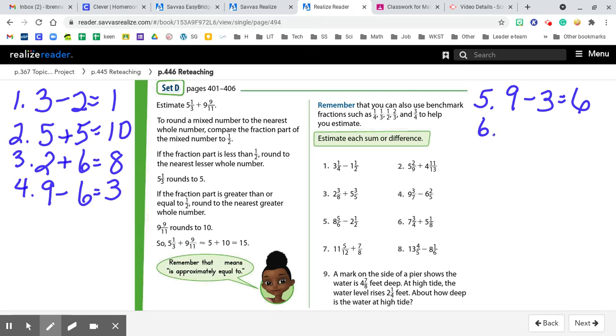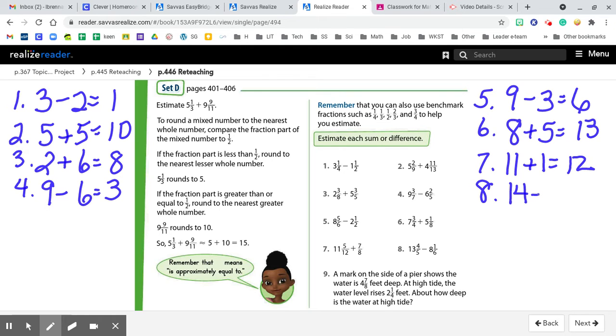For number 6, 7 3/4 closer to 8. 5 1/8 close to 5, and we're adding on that one, so we get 13. 11 5/12 closer to 11. 6/12 would be at a half, and 7/8 closer to 1, and we are adding, so we get 12 for that. For number 8, 13 4/5 is closer to 14, minus 8 1/6, and 1/6 is close to 0, so we're going to just drop it, and 14 minus 8 is 6.